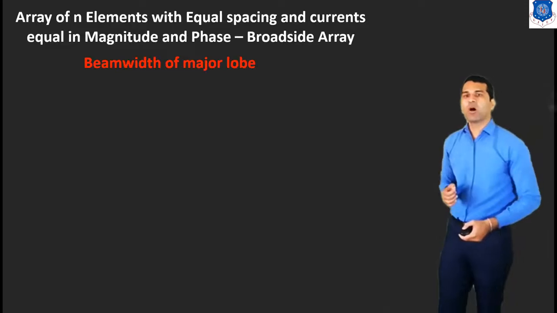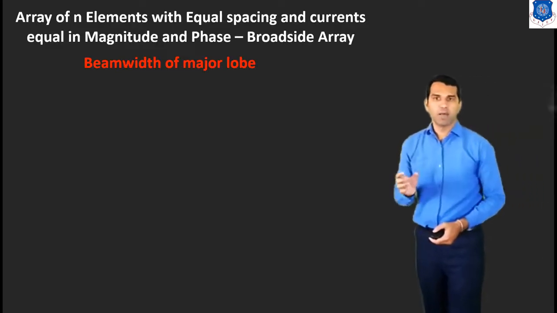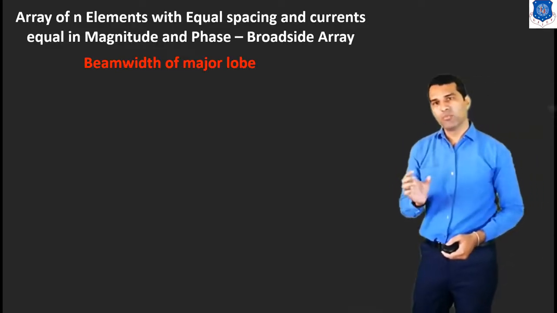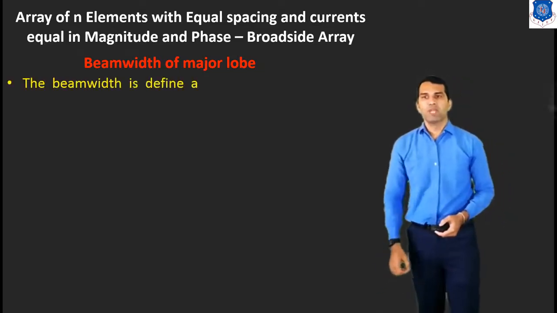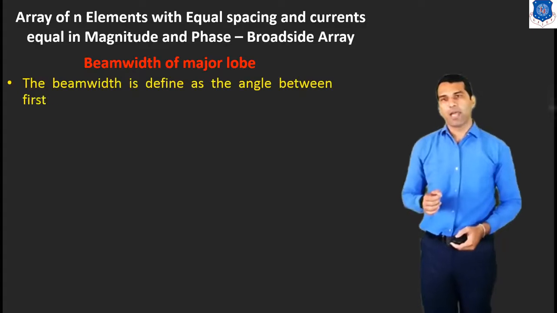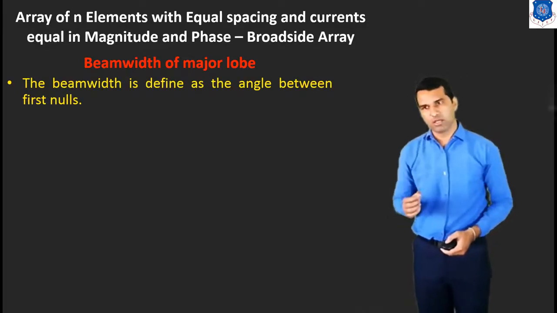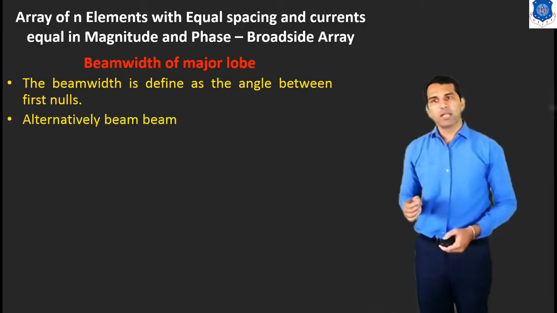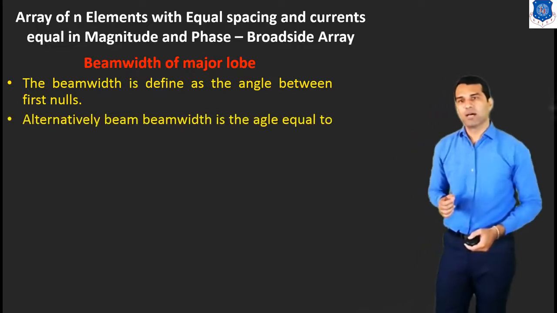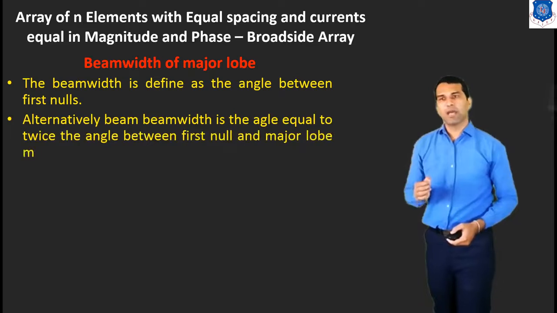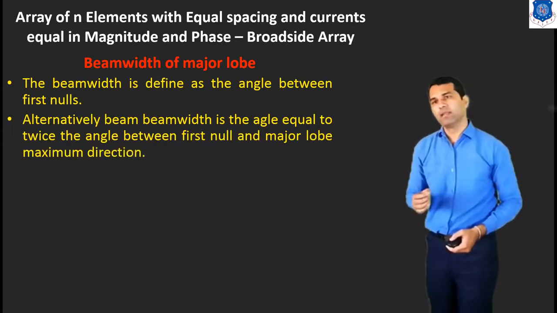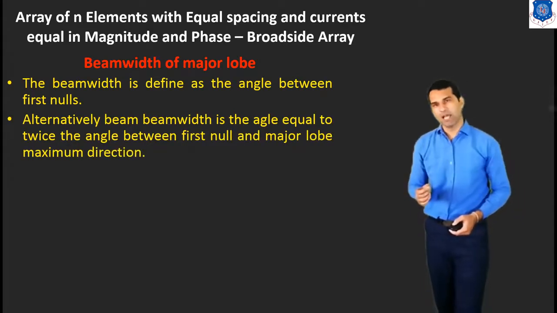Now, beam width of the major lobe. Here we discuss the beam width of the major lobe. The beam width is defined as the angle between the first nulls. Alternatively, the beam width is the angle equal to twice the angle between the first null and the major lobe maxima direction.